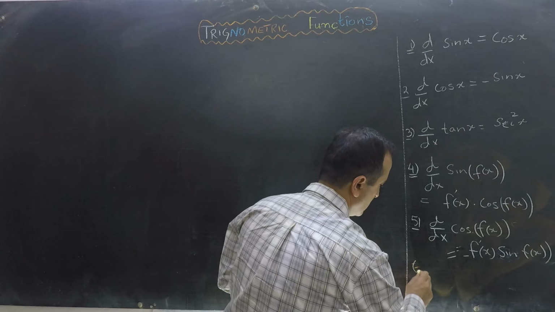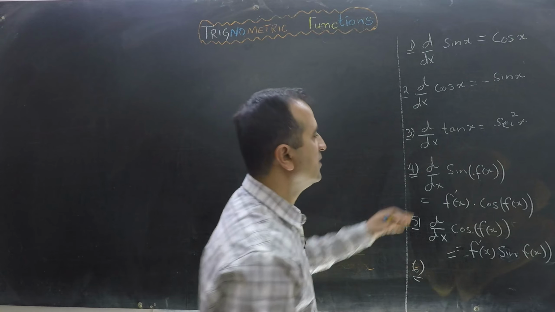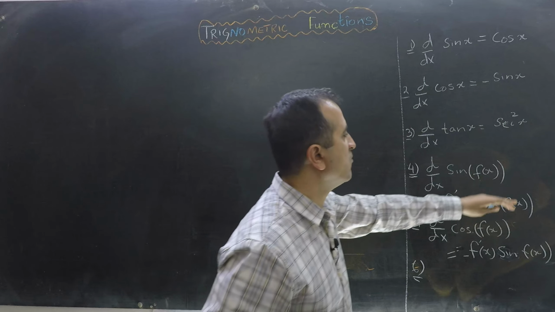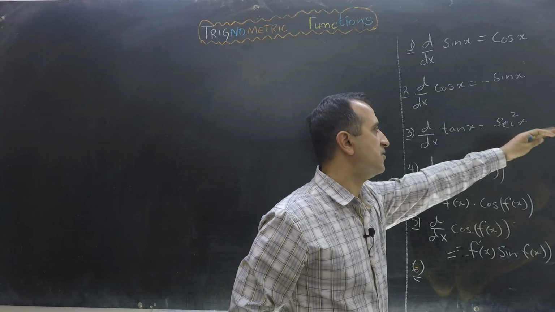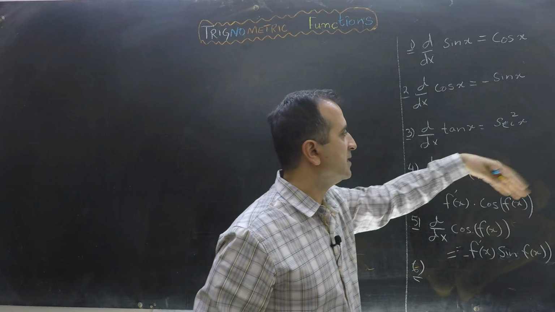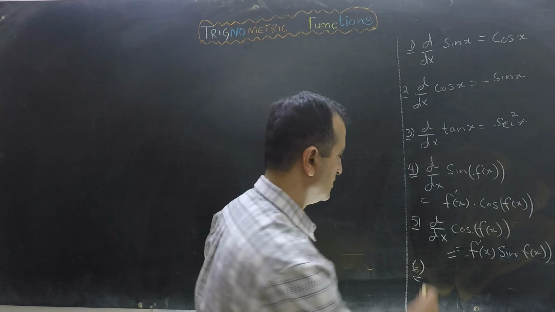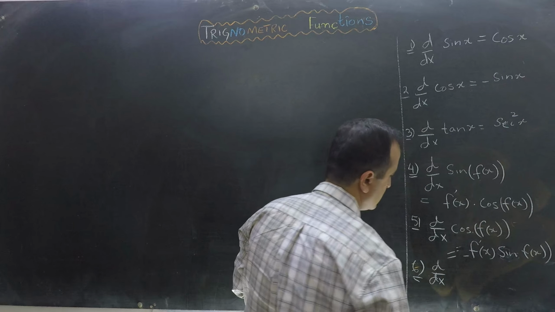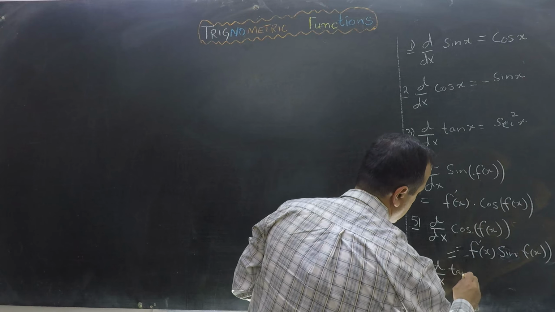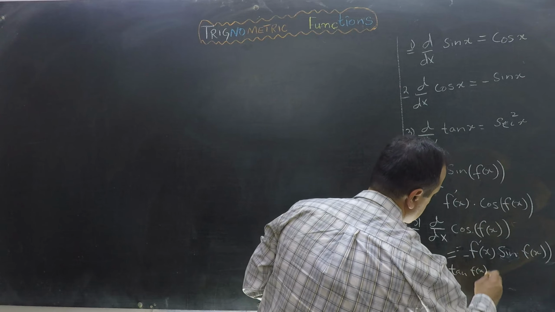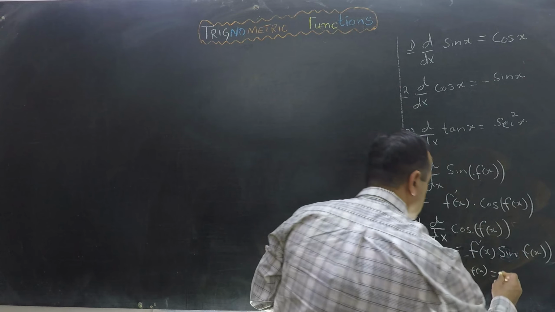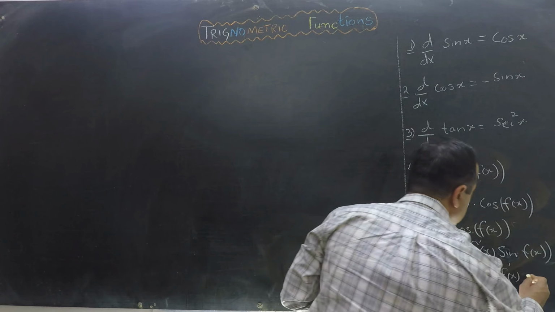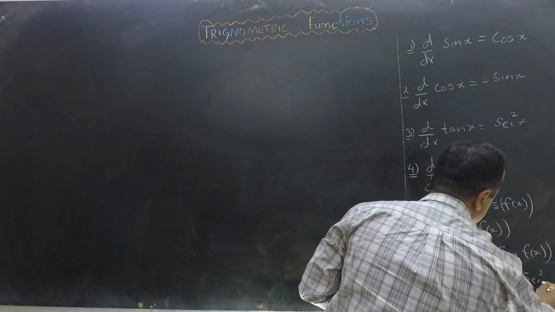Similarly, in case of tan, if we have here function of x, once again our result will be secant square function of x times derivative of function of x. So in case of tan function of x, derivative is equal to derivative of function of x times secant square function of x.